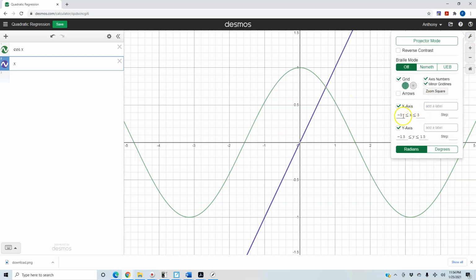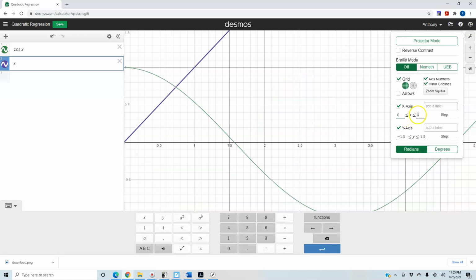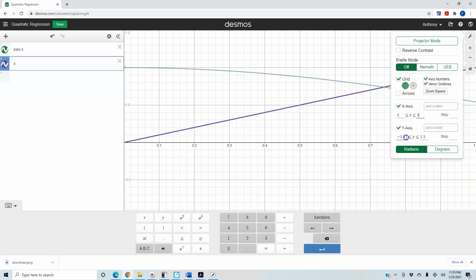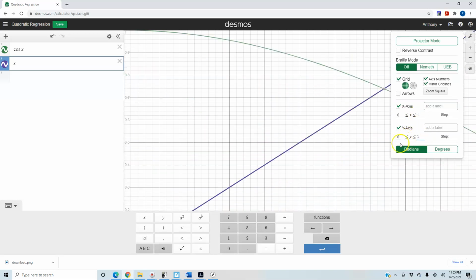Right now we have this at negative 5, 5, negative 1.5, and 1.5. And then we changed it to, I believe, 0 and then 1, and this is 0 and then 1.